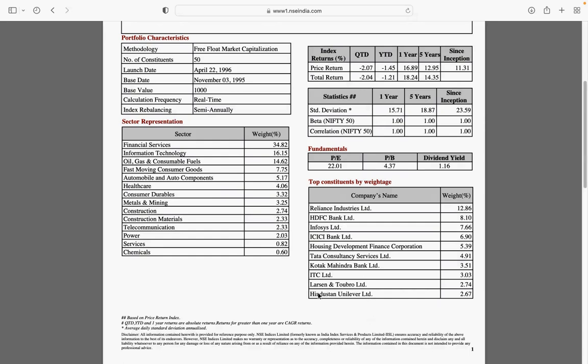So here you can see the top 10 contributors. Now let's talk about sector. Finance sectors, we discussed that they still have questions and they have a chance of revival, and you see they are the top contributors in Nifty at almost 34% weightage. So if they move, you can see they have a major impact in the movement of Nifty too. IT, as we discussed, seems to be oversold. Okay, and they can give you one of the best RR trades, some good rate of return trades, so you can keep an eye on IT stocks.